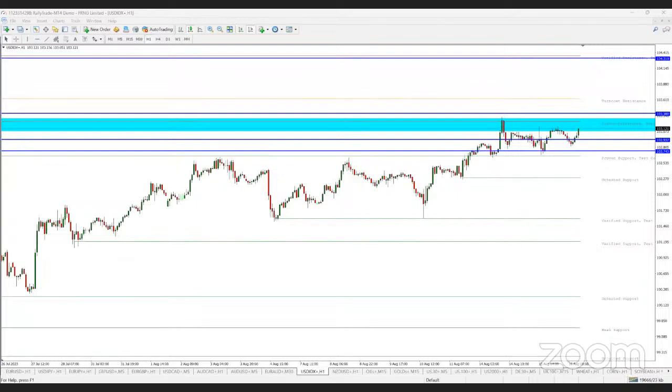You can take a buy stop at a price level of 103.380, and then the TP should be at 104. 104 is actually a very long one, right?